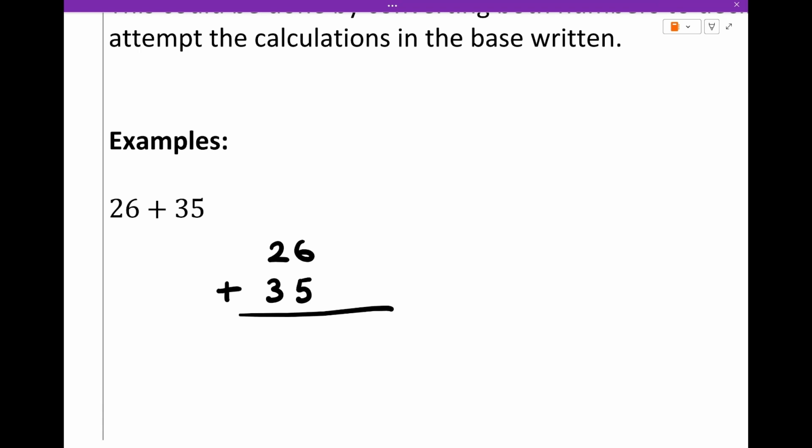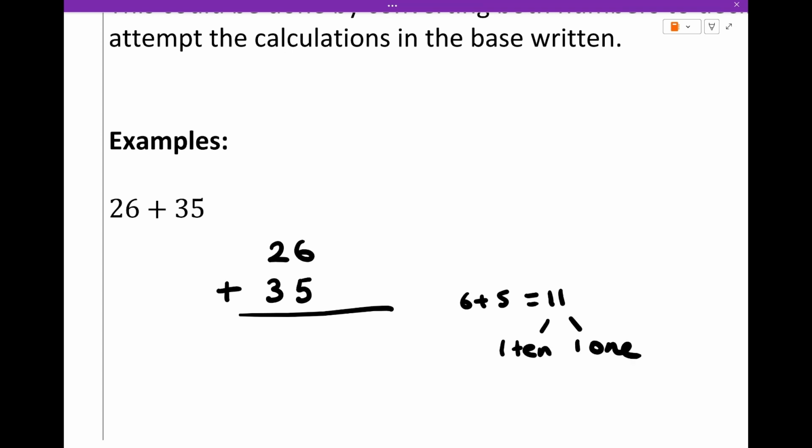Okay, you start by going to the ones column and you do 6 ones plus 5 ones, which would give you 11 ones. Now you don't write 11 below the line, because you recognize that you could take 10 ones from it and convert it into 1 ten, and then there's going to be 1 one left over.